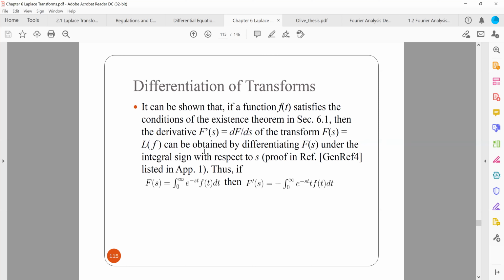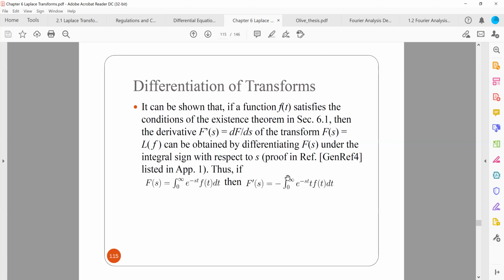What's important is that the derivative of the transform F(s) can be found by getting the Laplace transform of t times f(t). And that's what this formula is saying.